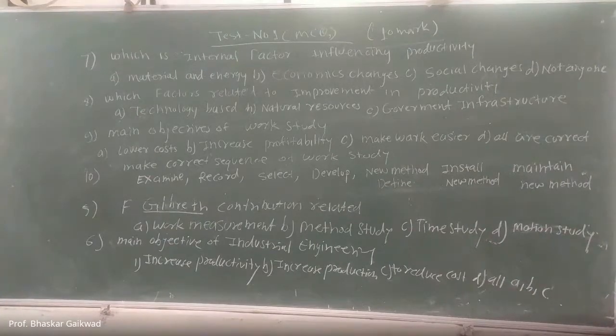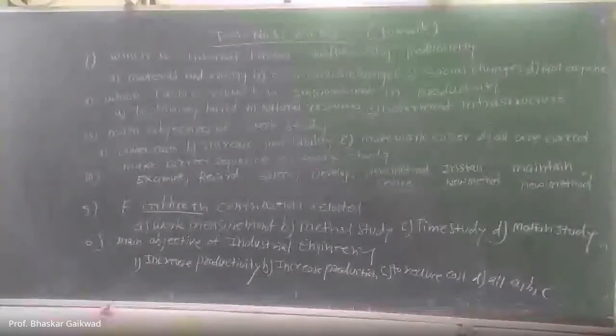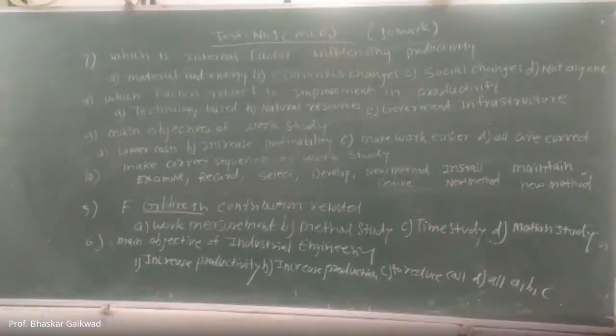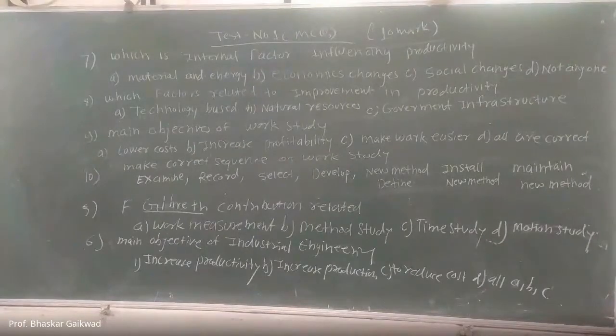The major contributions of F.W. Taylor: the constitution of a day's work, wage payment system, elimination of wastage, training of the workers, change in method study and improvement in method study. Next, F. Gilbert's contributions.